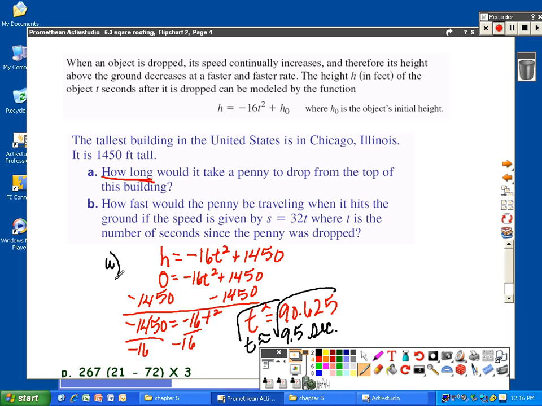So S equals 32 times my time, 9.5, which is 304 approximately, because my time was approximated, 304 feet per second. All right, and here's some square roots for you to practice as well.